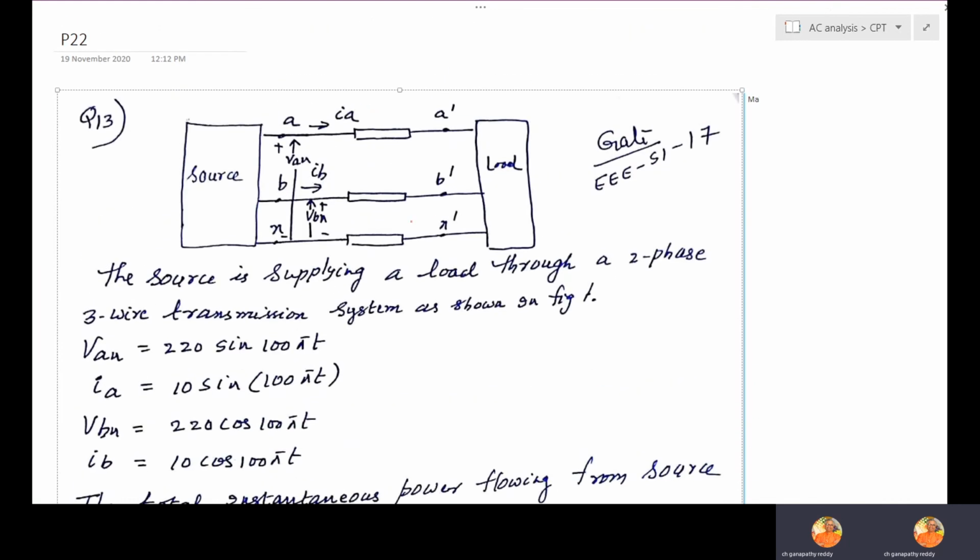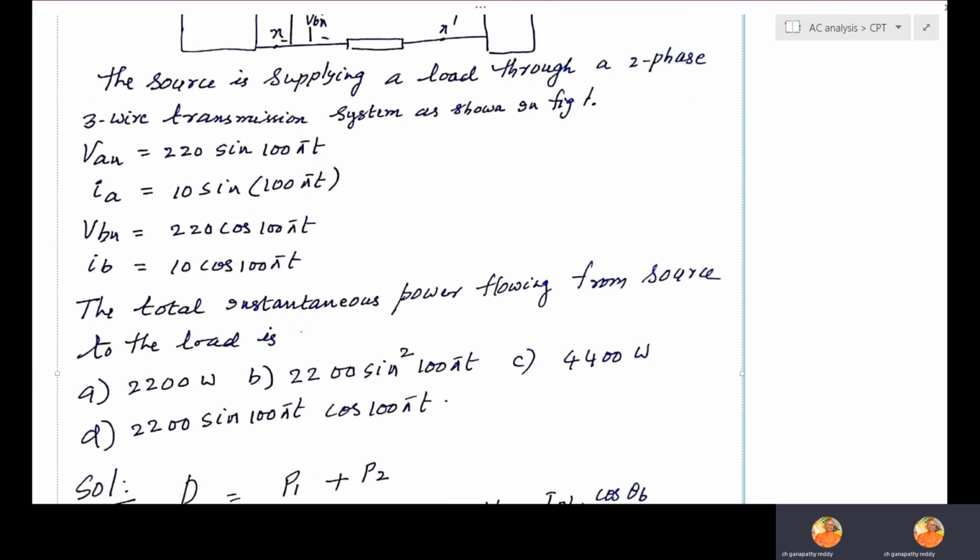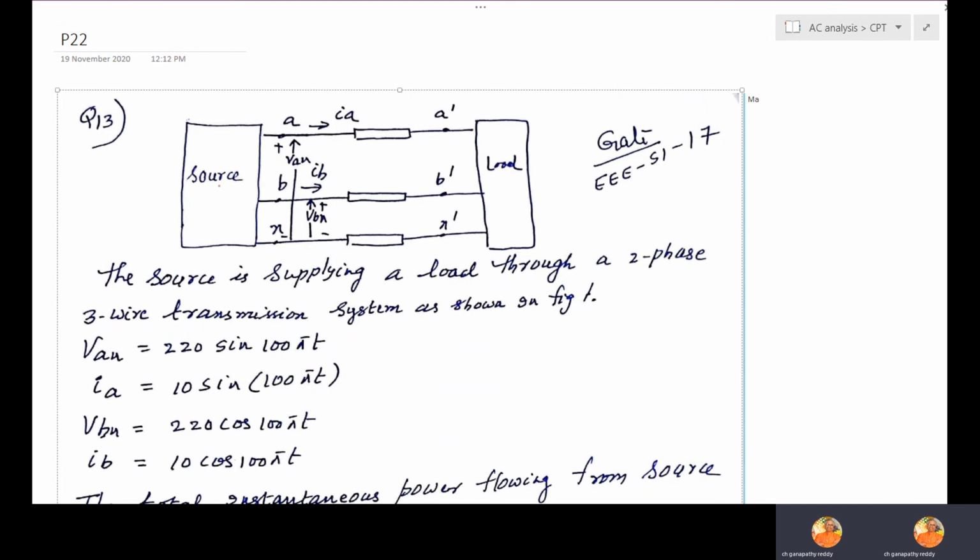This is another small concept, bigger problem, but simple concept. Here source and load, and A, B and neutral. It's a two-phase system, VAN, VBN. The source is supplying a load through a two-phase three-wire transmission system as shown in the figure.